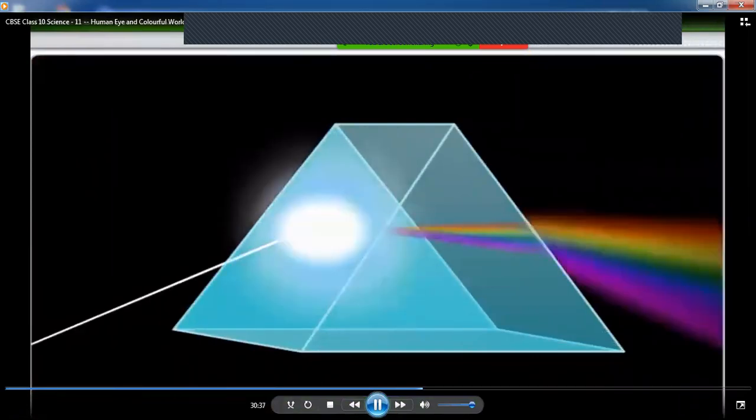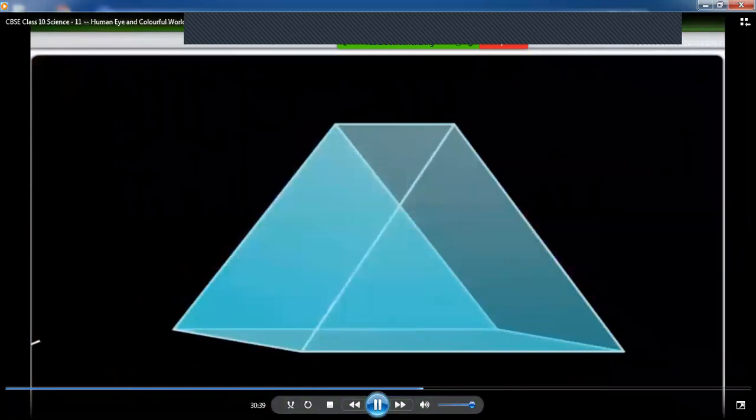In this lesson, you will learn about dispersion and scattering of light.